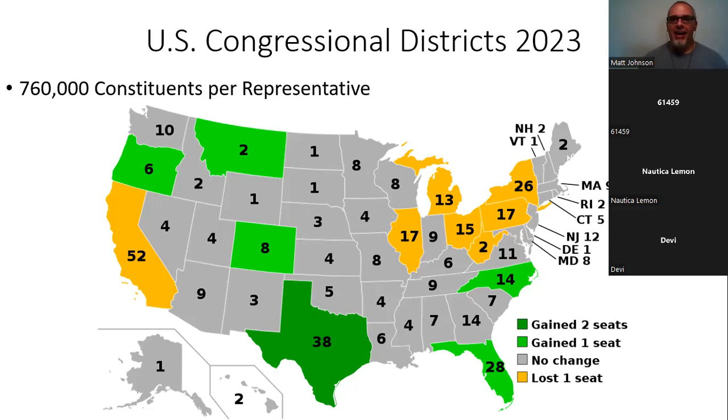Gerrymandering is the activity of sort of carving out voting districts in order to get the voters you want and enough of the other voters that you don't want, so you can skew the voting towards your political party and your candidate, right?